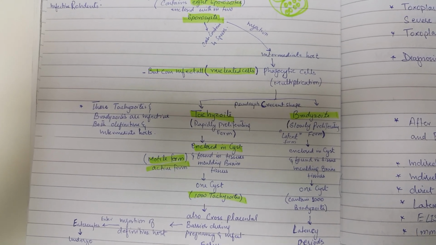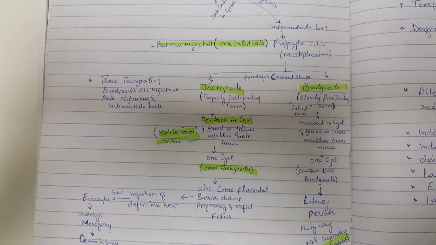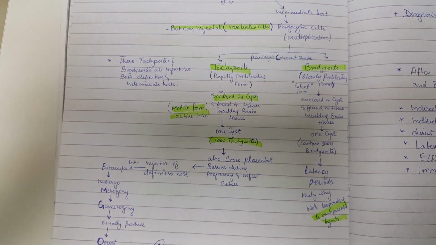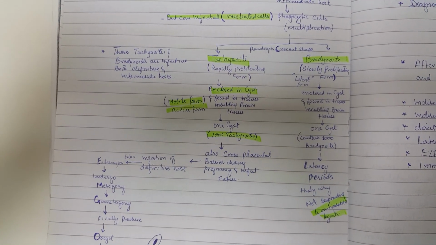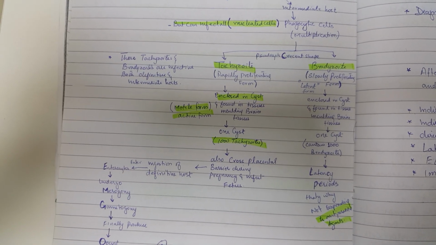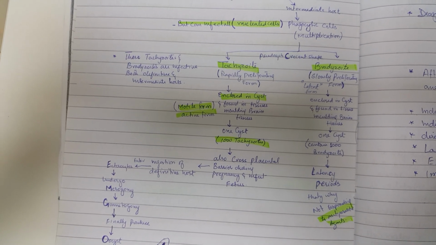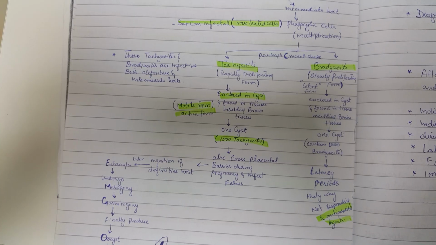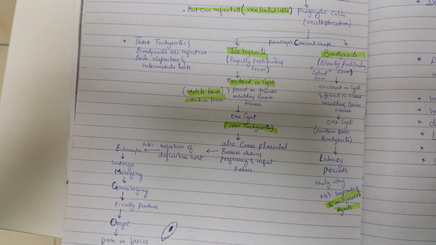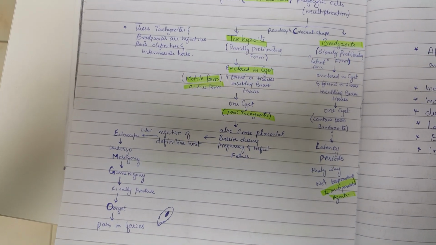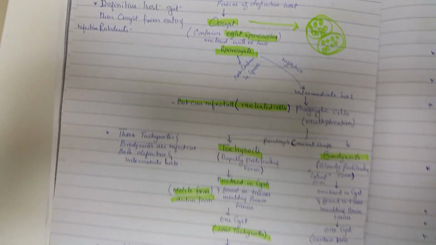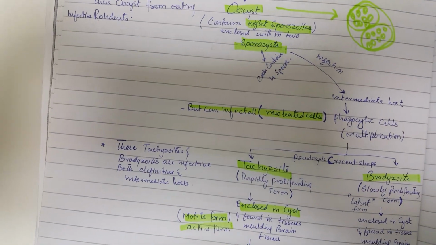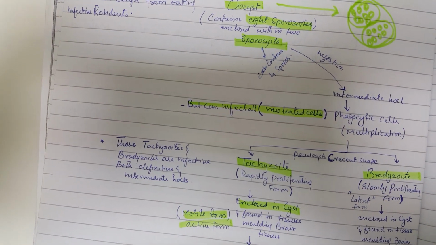It causes a latency period, which is why it does not respond to anti-parasitic agents. It also crosses the placental barrier, infecting the fetus in pregnancy, and on ingestion by the definitive host enterocytes, undergoes merogony and gametogony, finally producing the oocyst, which passes in the feces. These tachyzoites and bradyzoites are infective to both definitive and intermediate hosts.